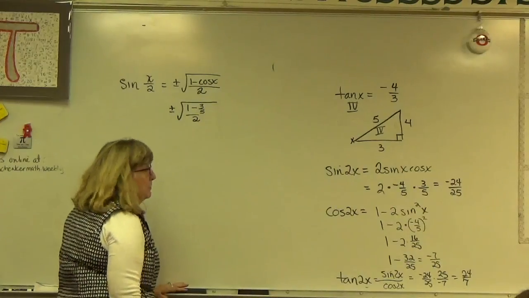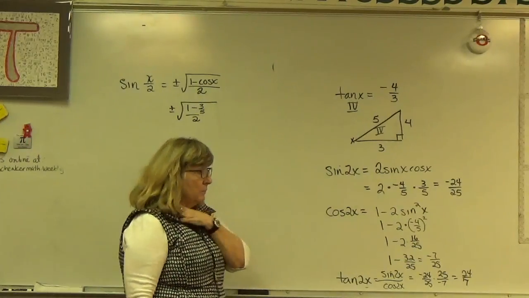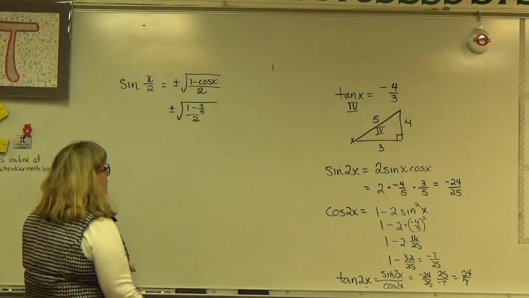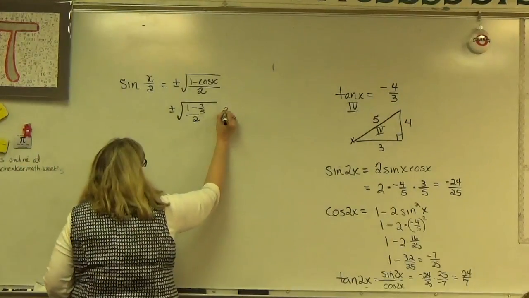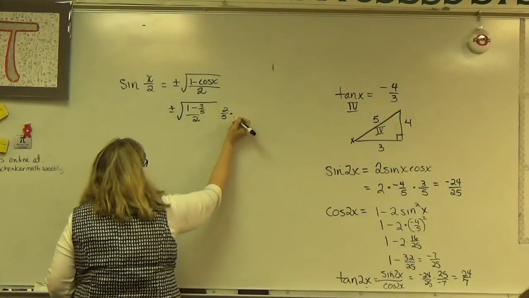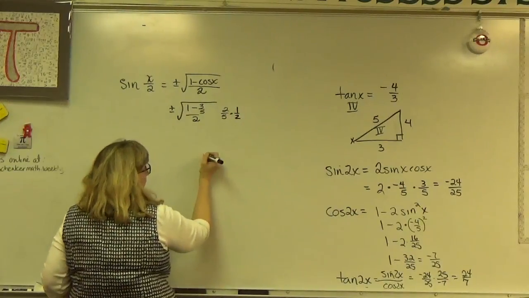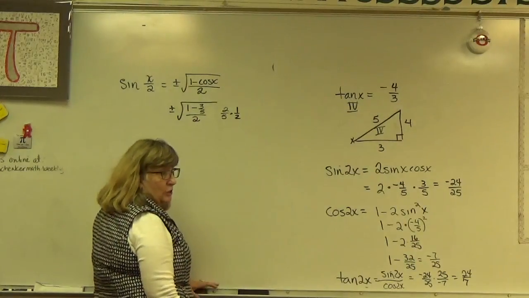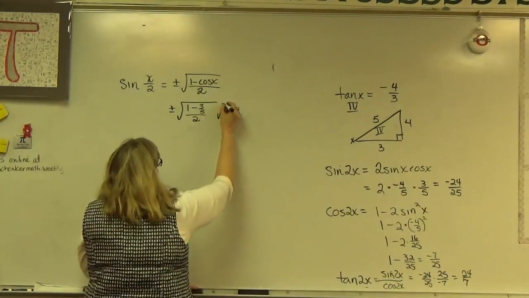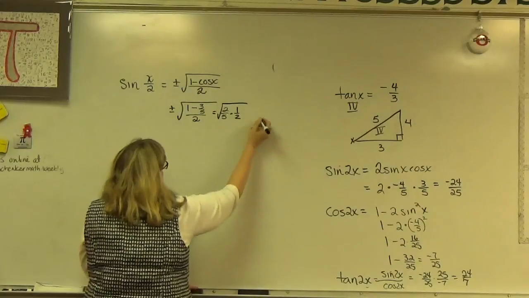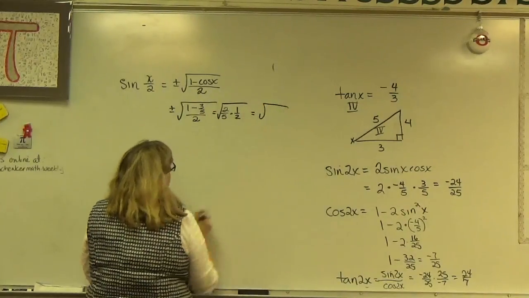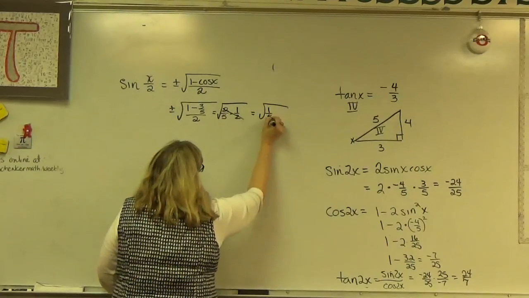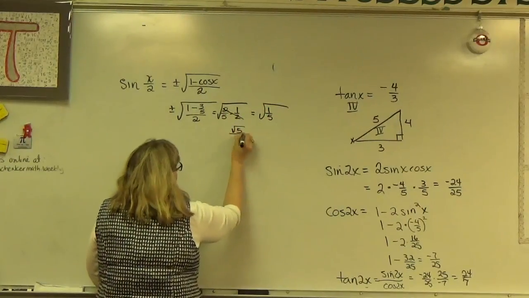It does, but in the fourth quadrant the cosine is positive, so it doesn't matter. So 1 minus 3/5 is 2/5, and then times 1/2, right? Yeah, because divided by 2 is times 1/2. So that becomes a fifth. So what do I get, square root of 5 over 5?